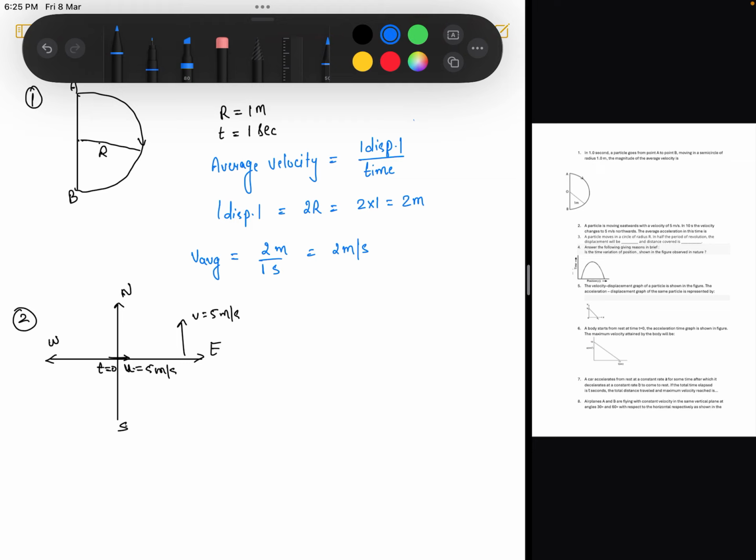So I will define in the Cartesian coordinate system these directions as, this is our y-axis, this is our x-axis. So initially the particle is moving in this direction, that is u vector is equal to 5 meter per second i cap.